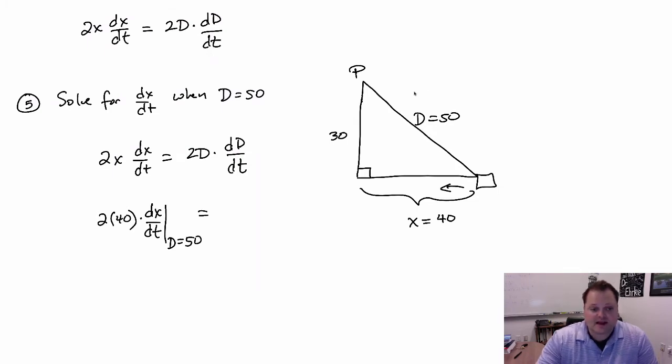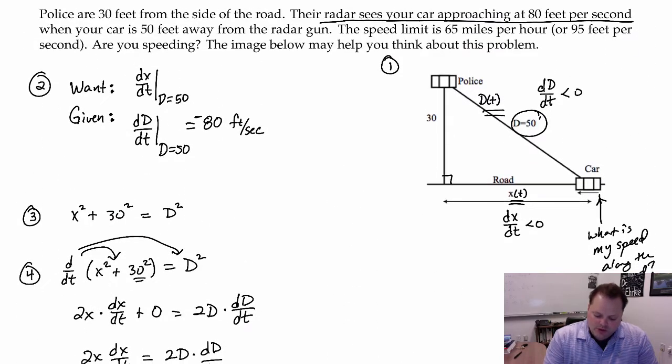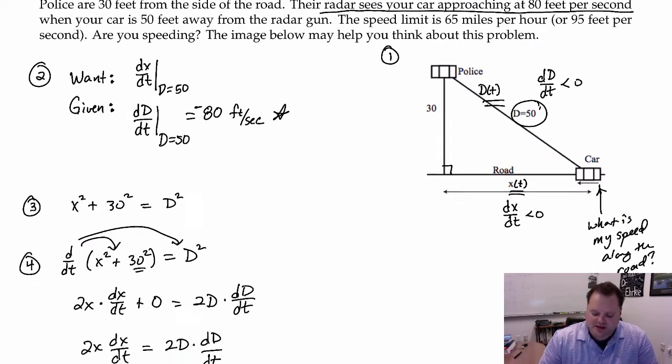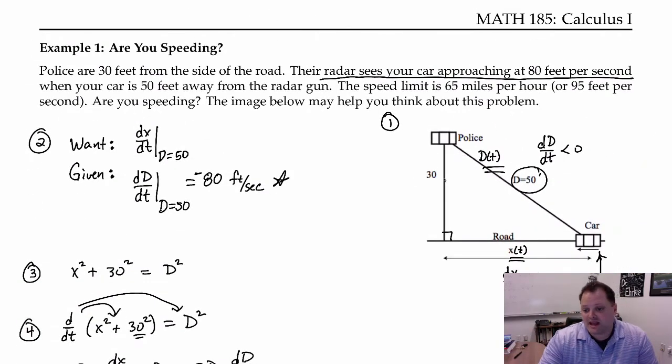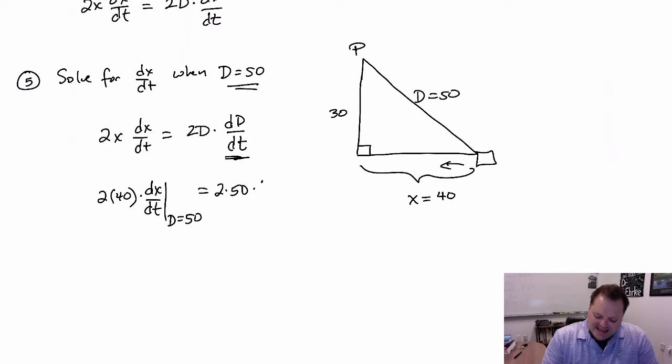On the right-hand side, you have 2 times d, but we're looking at it when d is 50. And you were told in the problem that the rate at which the distance is changing at that moment in time is negative 80 feet per second. Remember, it's negative because the distance d is decreasing. So dd/dt is negative 80.